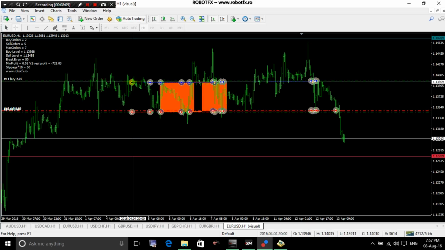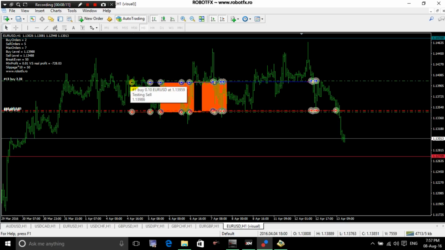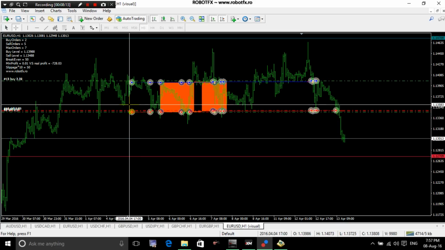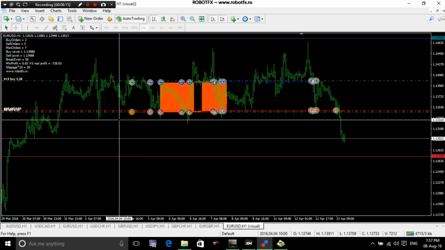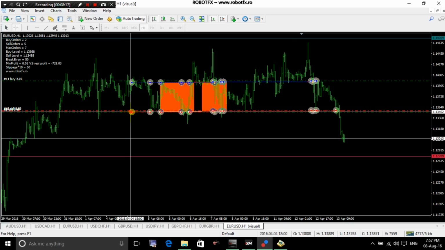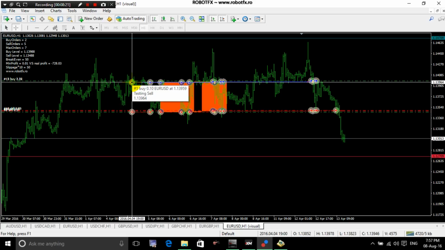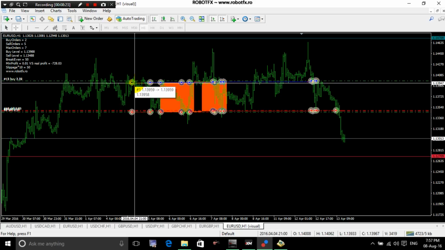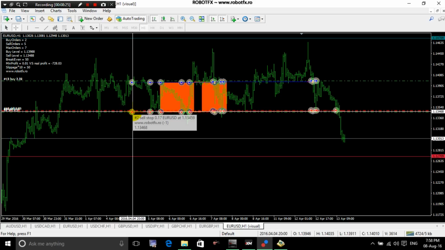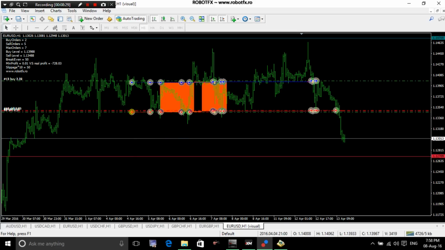But let's say you would open a buy here, instead of placing a stop loss at the previous low or somewhere, place a pending order whose lot size will be slightly higher than or maybe double the previous order, so that if the price drops, the profit from this second trade will cover the loss from the first trade. This is what's happening here.